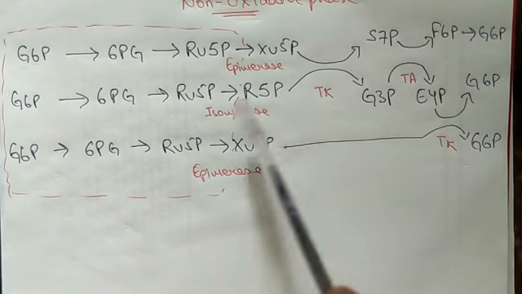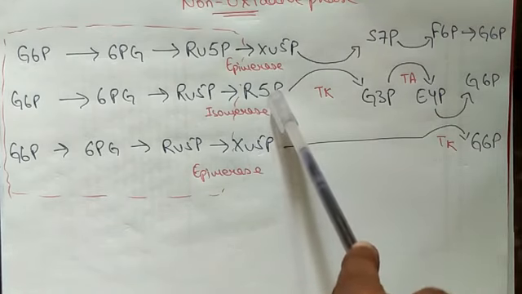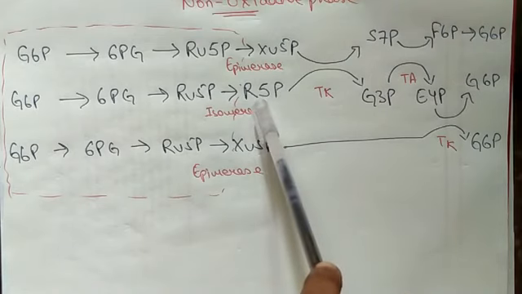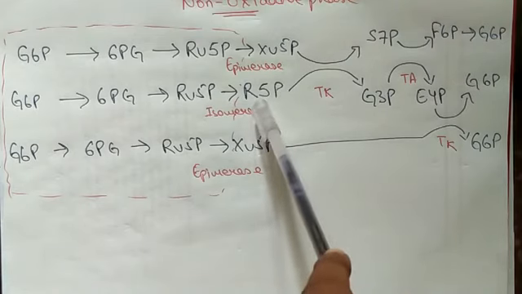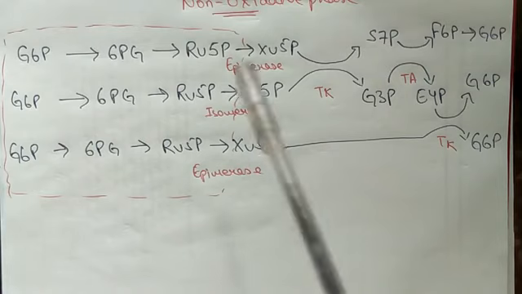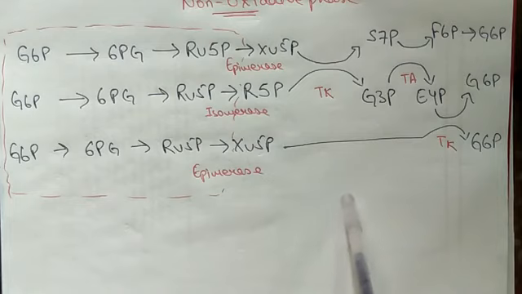And the pentose 5-phosphate, that is R5P, ribose 5-phosphate, is a major component of nucleic acid, that is for nucleic acid synthesis. And ribulose 1,5-bisphosphate is the CO2 acceptor in photosynthesis.